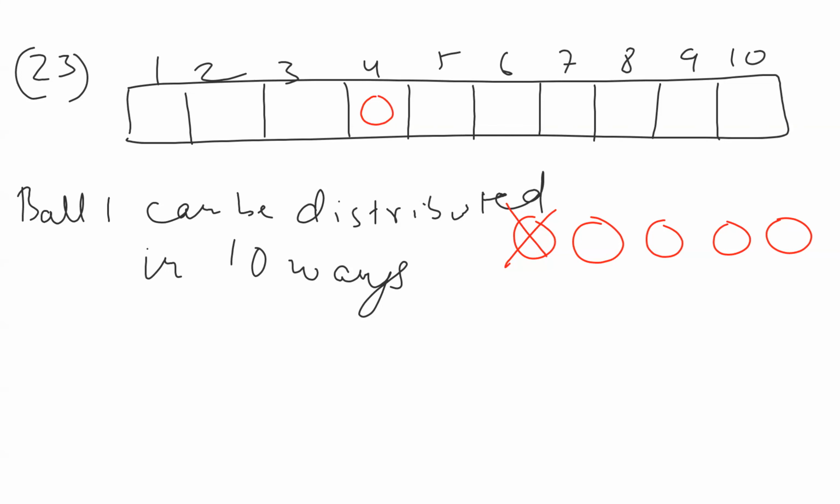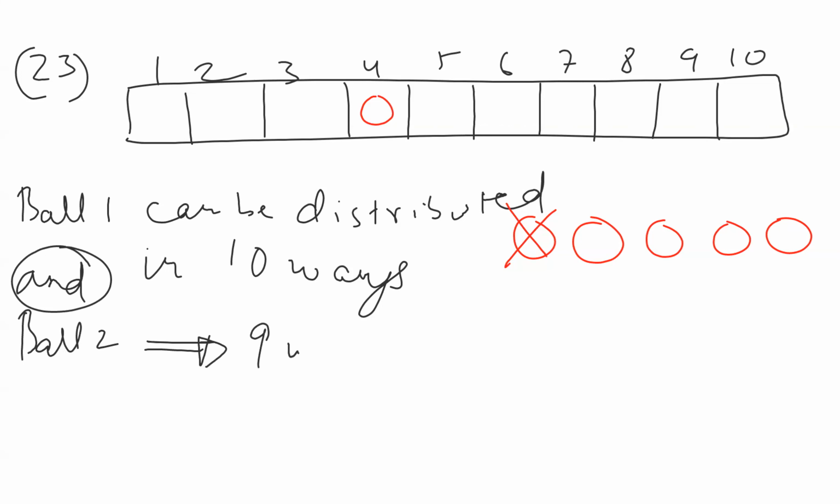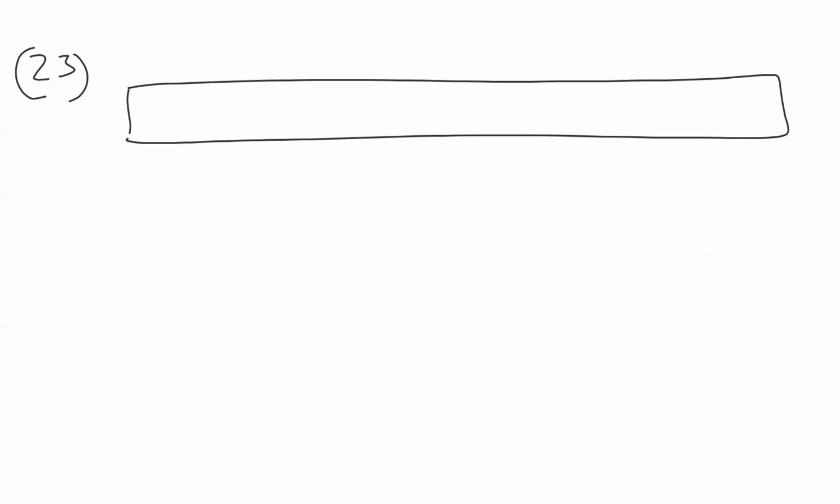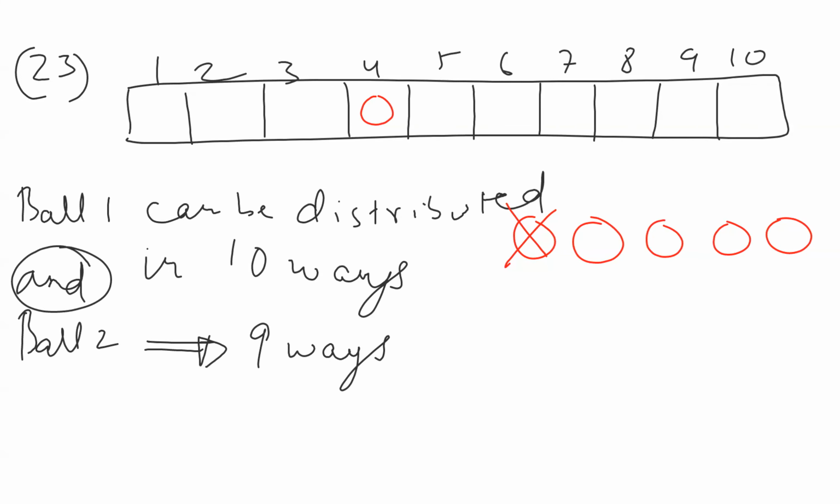Ball number 2, I'll say and, as per English usage, because the second ball is also remaining. This can be distributed in 9 ways. Why 9 ways? Because there are 9 boxes which are still empty. For example, the second ball can be placed over here. It can be placed anywhere, but I'm taking an example.